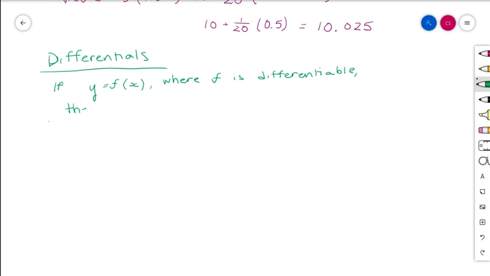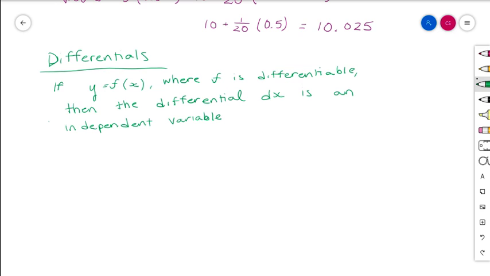then we define the differential dx. The differential, we call it dx, like dy dx, is an independent variable.